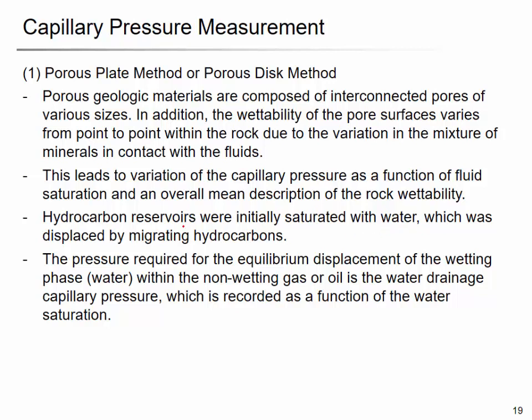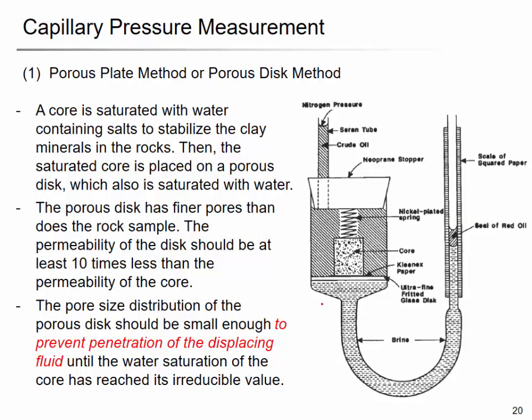The pressure required for equilibrium displacement of the wetting phase by the non-wetting gas or oil is the water drainage capillary pressure. And this is recorded as a function of the water saturation. I will tell you how we can measure the capillary pressure with the water saturation.